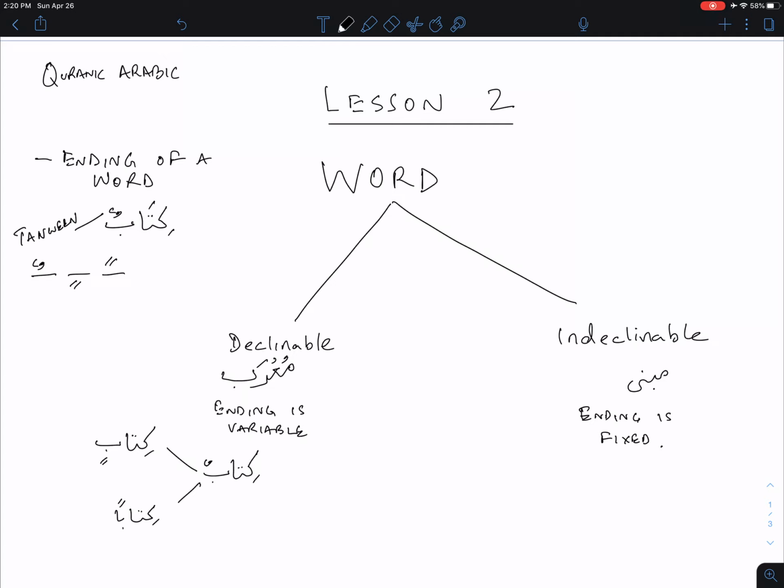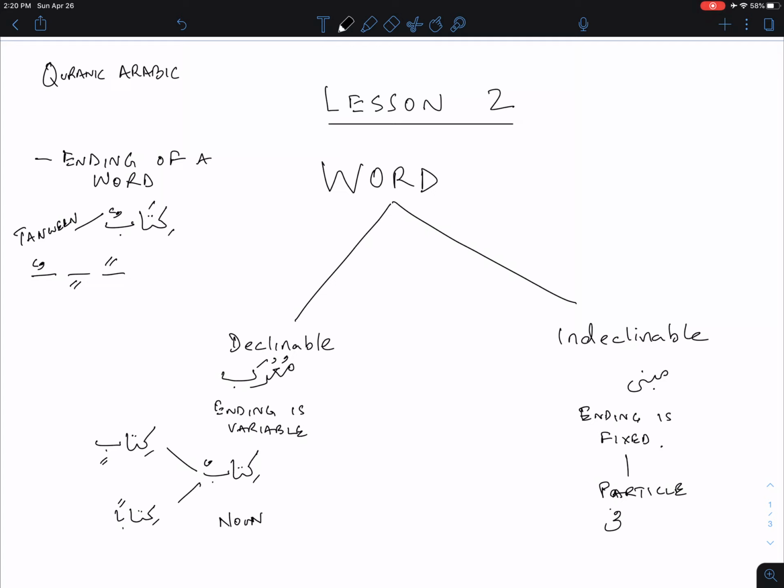But an example of a fixed, and this is a noun, by the way, right here, is a noun. Now talking about the fixed, we have the particle as an example of it, and a particle that I could use is fi. It's very common, and fi will always be fixed. Inshallah, that's something you want to pay attention to.